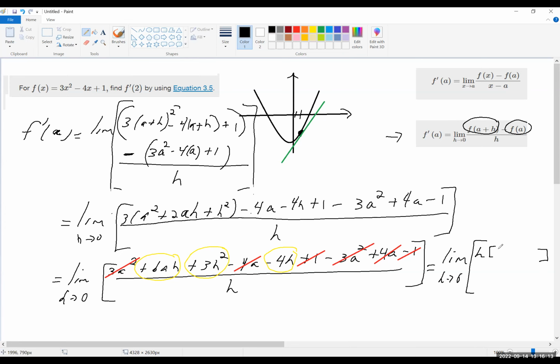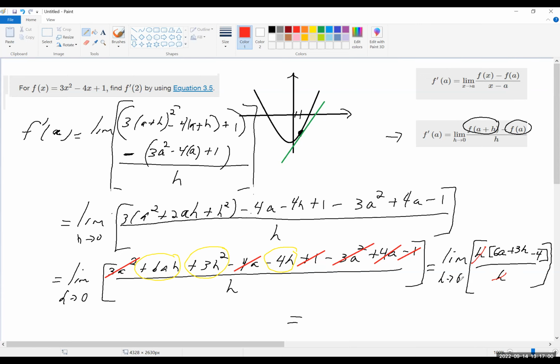And I'm left with 6a plus 3h minus 4, and I'm getting real close here because I've got it over h, and I think I can nearly finish it off over here because these will cancel.